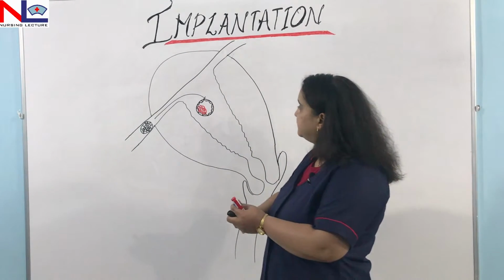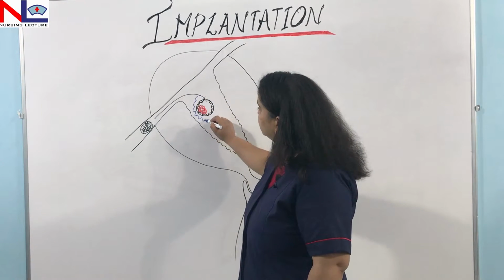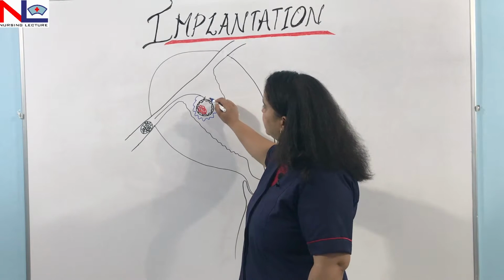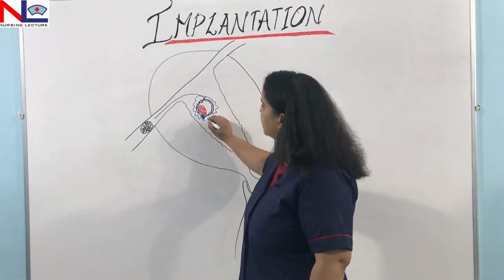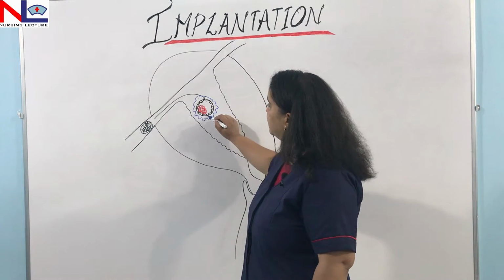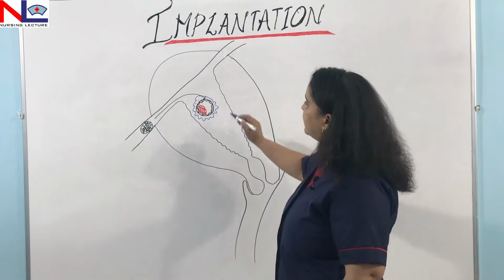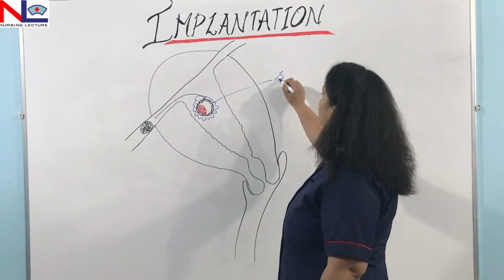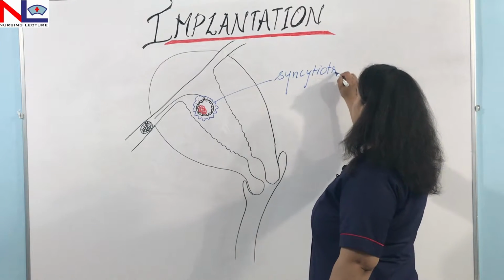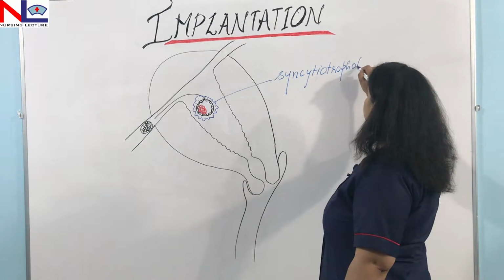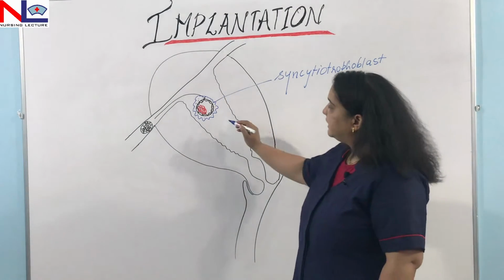The outer layer is multinucleated because there are no exact cell boundaries, and the nuclei and cytoplasm become mixed together. This outer lining forms the syncytiotrophoblast.